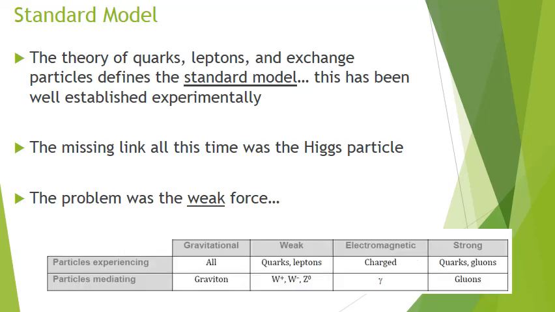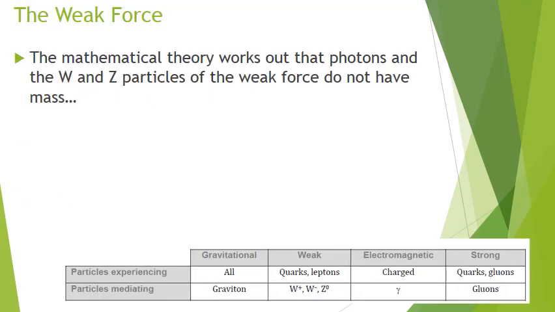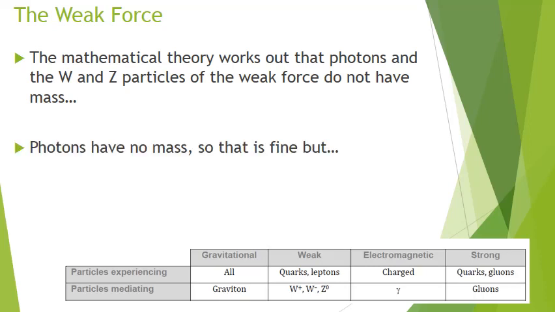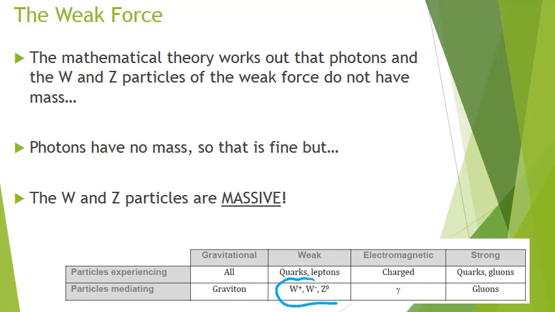Mathematically, it showed that the W and Z particles of the weak force do not have mass. However, the W and Z bosons actually have a lot of mass, and so that's a problem.